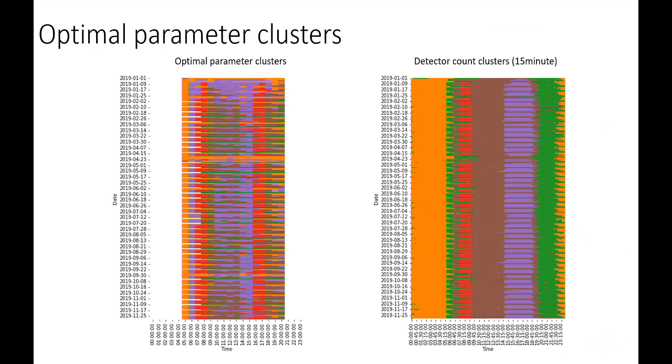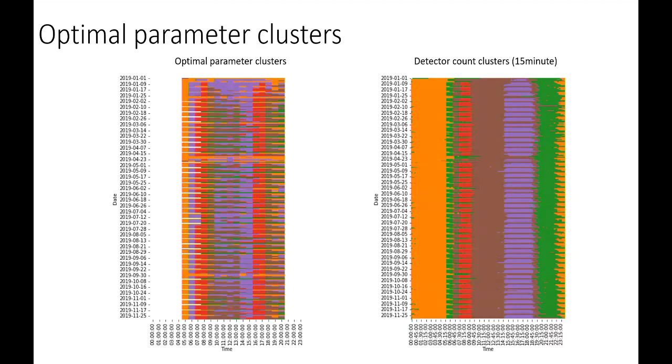Okay, so if we do that, these are the clusters we get for the optimal parameters on the left here, right? And on the right, there are the 15-minute detected clusters. So each one is compared against one another, right?